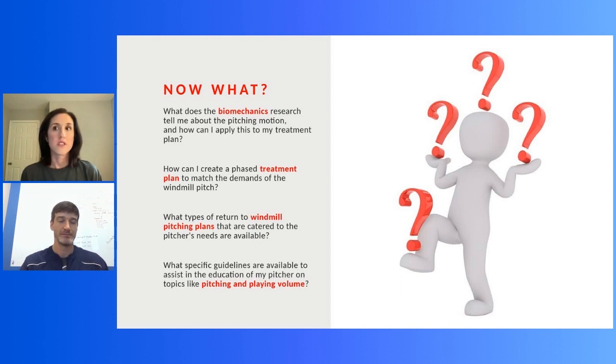And so this monograph provides some great resources for the clinician to have a more specific throwing program that is more catered to the windmill pitch, where they're not having to do excessive amounts of overhead throwing to get to the windmill portion of the throwing program. And then the second piece of that is, a lot of these athletes too, pitching might be their primary or their secondary position.